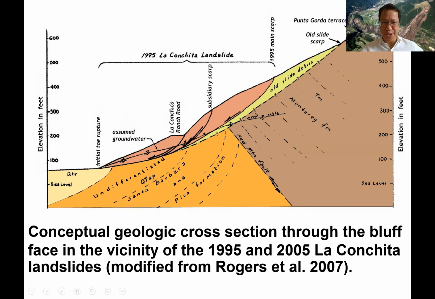This cross section shows the old landslide, the old slide debris, and you can see the estimated groundwater level. From the 1995 landslide, the groundwater level might have increased, causing a reduction of shear strength, because when water increases, the soil becomes soft, especially the old slide debris, which may have occurred 1,000 years ago and accumulated on this surface.